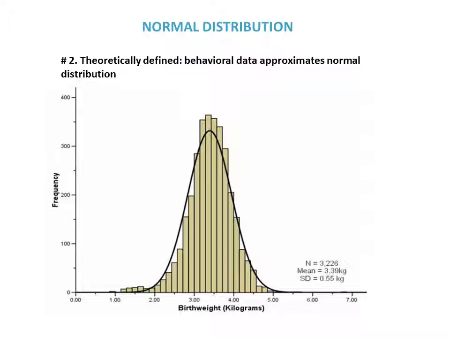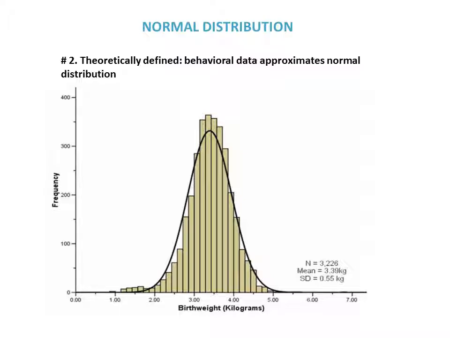The second characteristic of a normal distribution is it is theoretically defined. We know a normal distribution is mathematically defined by the PDF equation, but our behavioral or clinical data rarely fall within the limits of this equation. They usually approximate a normal distribution.